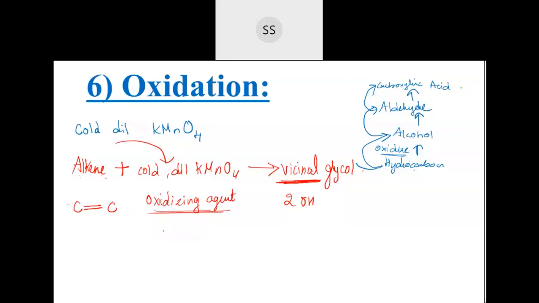An oxidizing agent's property is that it will oxidize the other compound, meaning it will give oxygen to the other compound, while itself undergoing reduction, meaning it will lose the oxygen. If you are giving money to somebody, they will gain the money, but you will be losing it. Correct? So that is the property of an oxidizing agent.